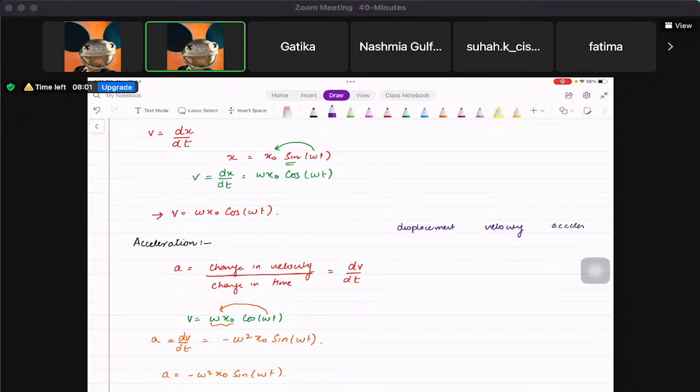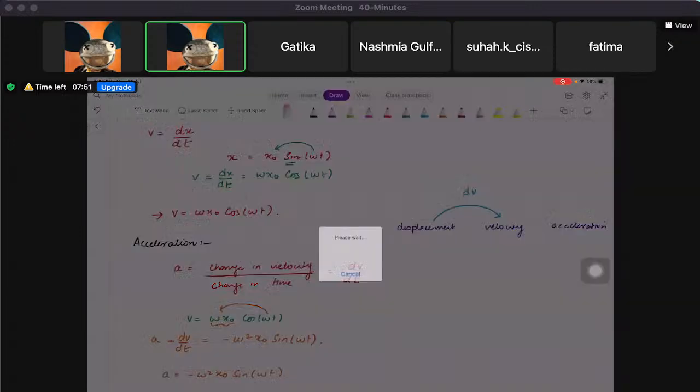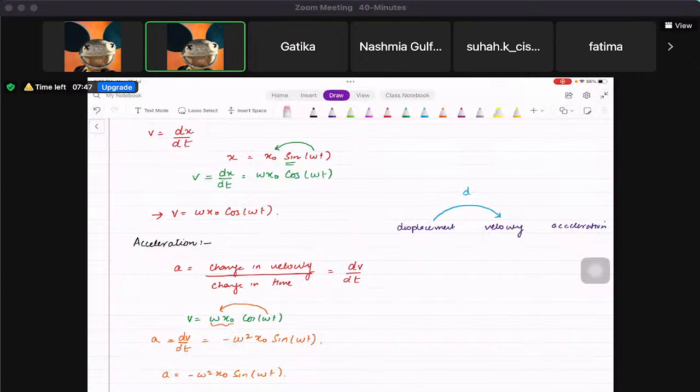These are the three things you're going to change. When you go from displacement to velocity, you take the derivative, dx by dt, and when you go from velocity to acceleration, you take the derivative dv by dt. So you just remember this small thing and you change it.